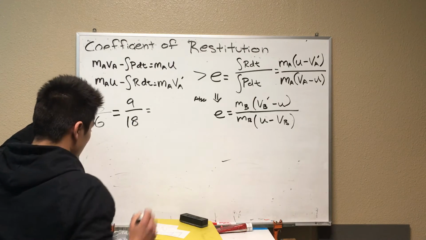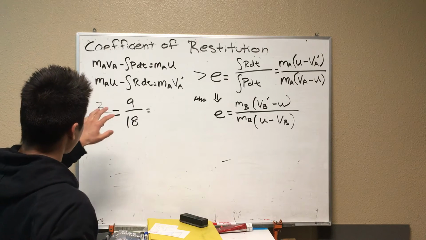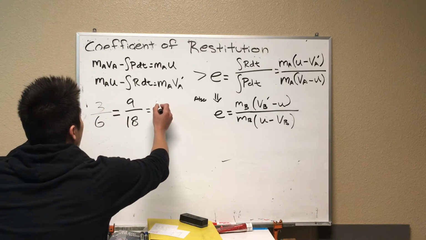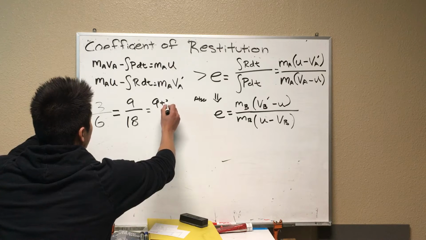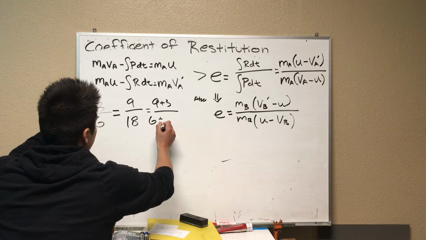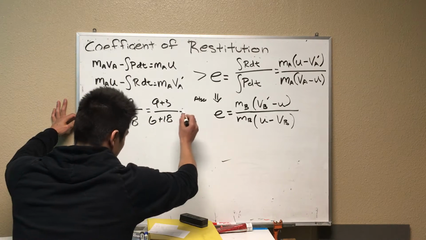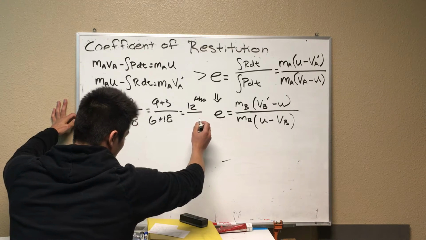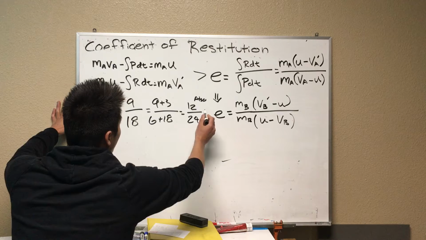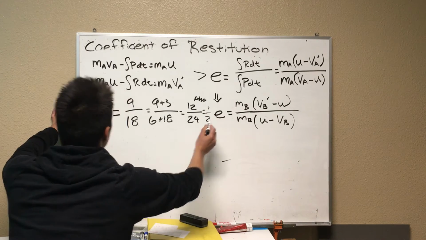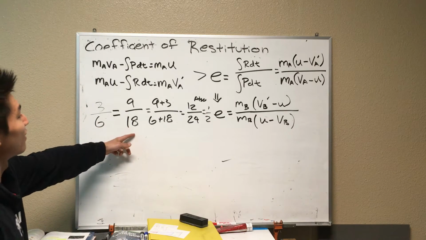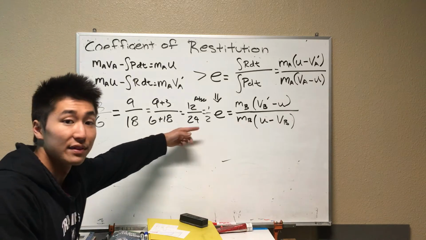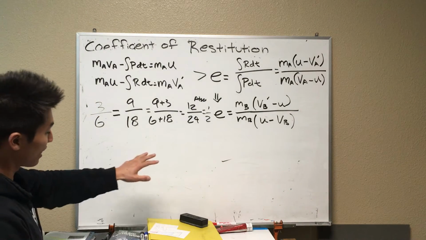Well, notice that this would be the same thing, 9 plus 3, 6 plus 18, and that's going to give us 12 over 24, and all of this is 1 half. So all of that's 1 half.